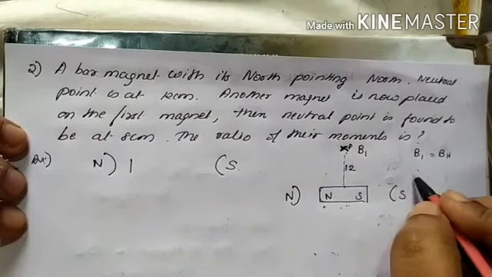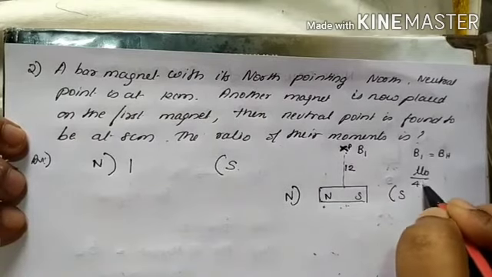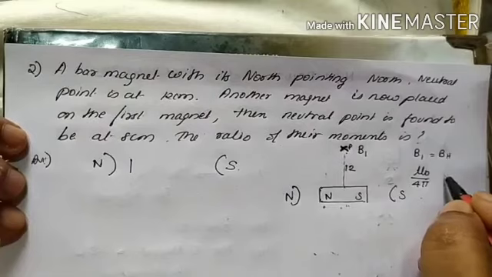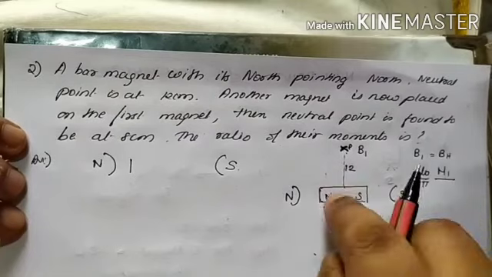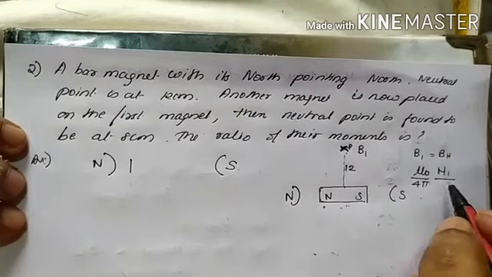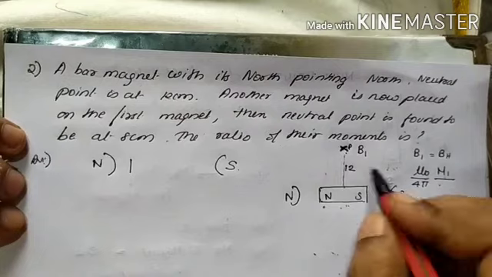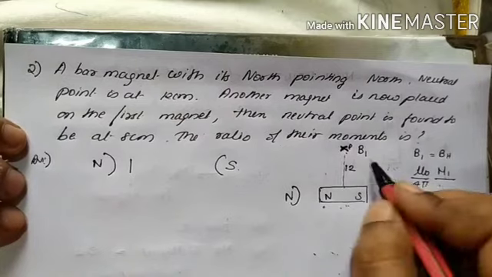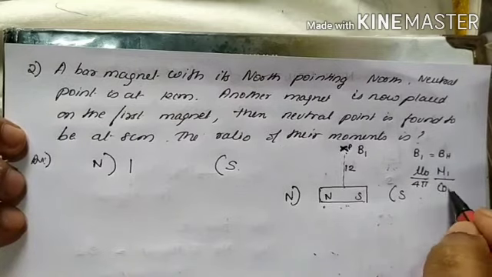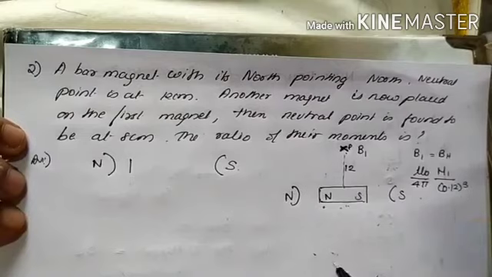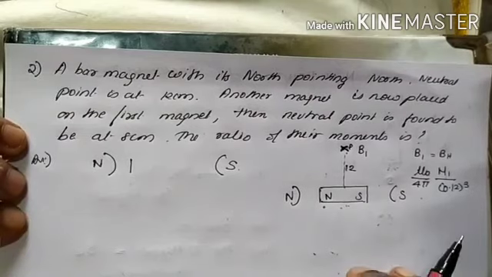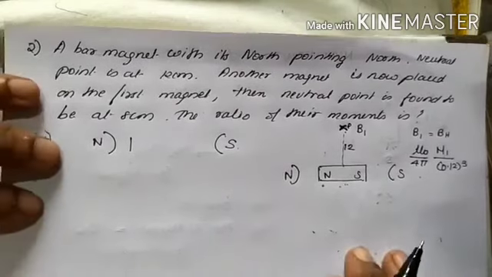Now this B1 is at the equatorial position, so I can write it as mu 0 by 4 pi, m1 divided by distance cube, that is 0.12. Why did I write 0.12? Because it is in centimeter, I am converting it to meter, so it is 0.12 whole cube. That is the value of B1 as well as BH. Keep it as it is.